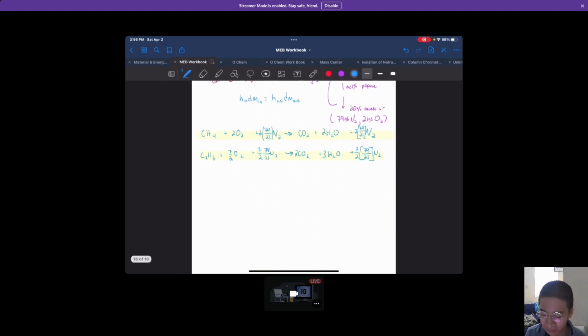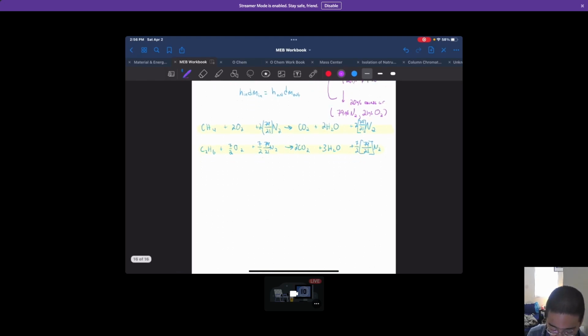The last thing we'll need to consider is that enthalpy, H, is equal to the partial derivative of enthalpy with respect to temperature at constant pressure, dT, plus the partial derivative of enthalpy with respect to pressure at constant temperature, dP. Okay?